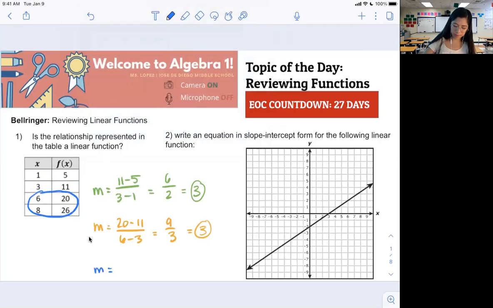Okay, and then the last one, 26 minus 20 over 8 minus 6. I get 6 over 2. I get 3. Okay, so any questions on how to use the formula to check whether something is linear?